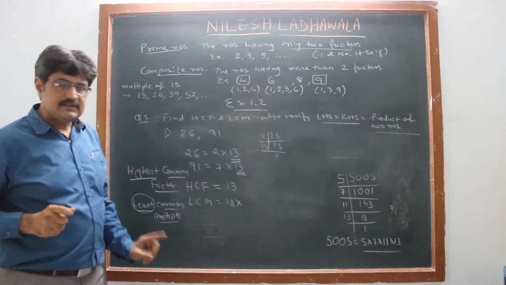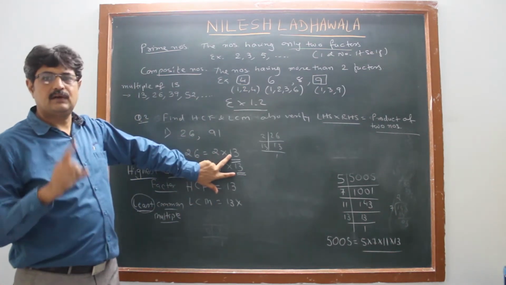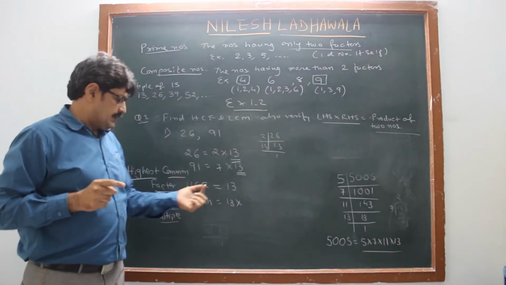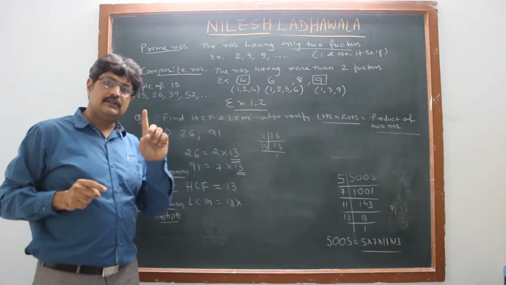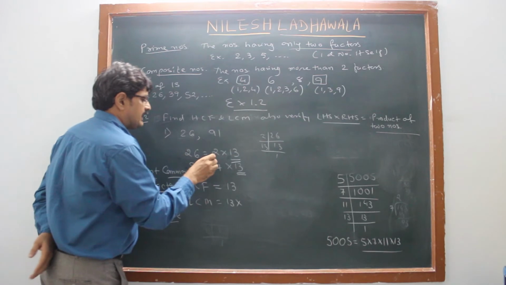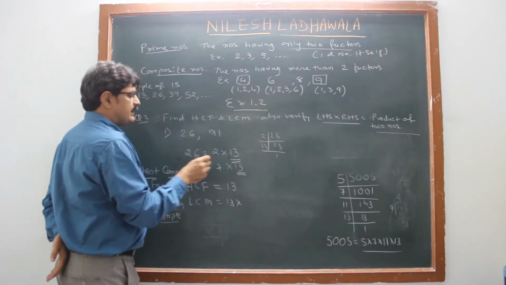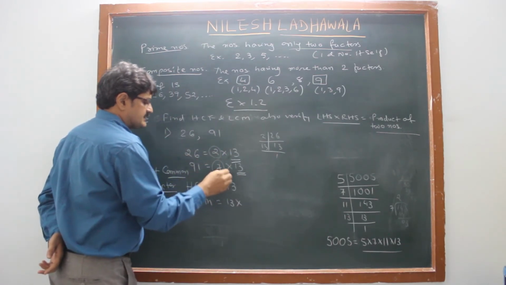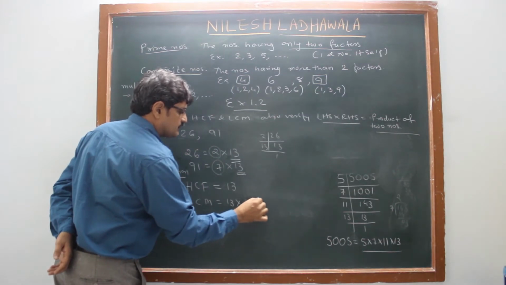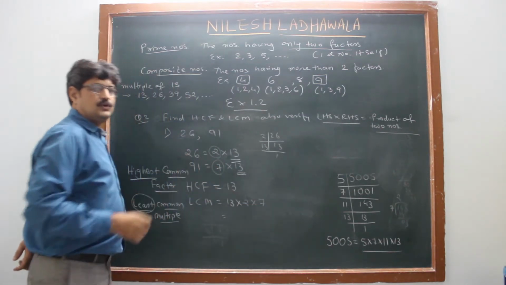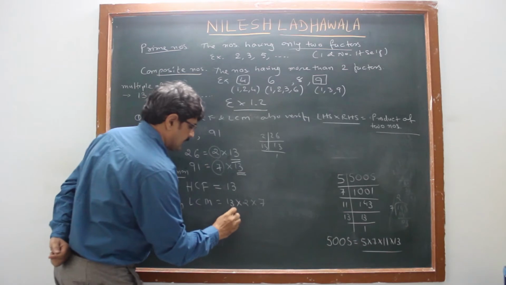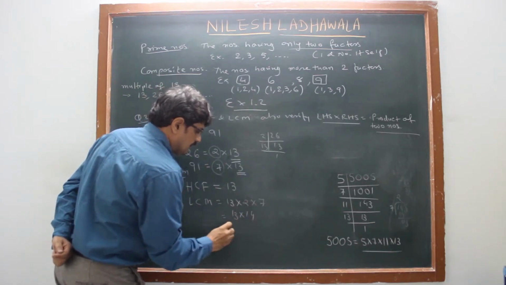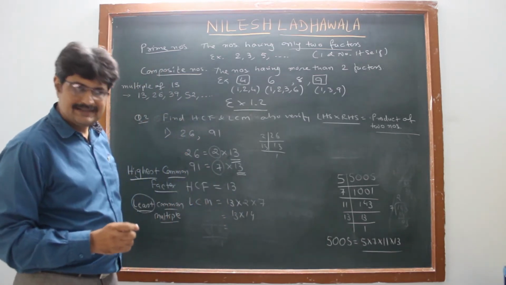Again, as I told you, we write the common factor once, that means we write 13 only once. Now I will write the remaining factors. The remaining factors are 2 and 7. So we have 13 multiplied by 14. So 13 into 14 will be your LCM.